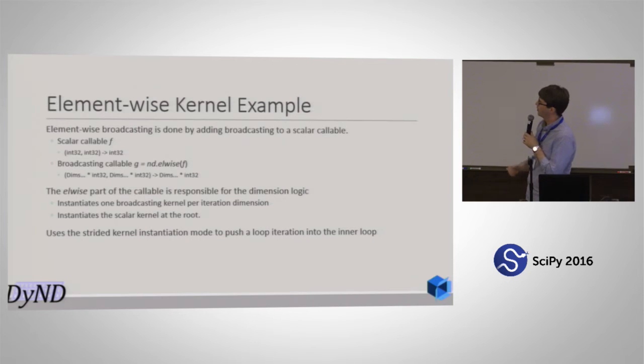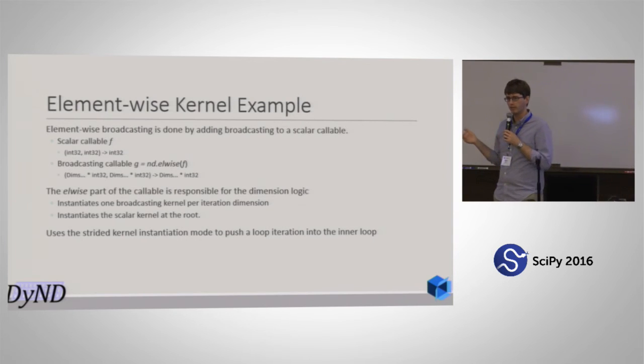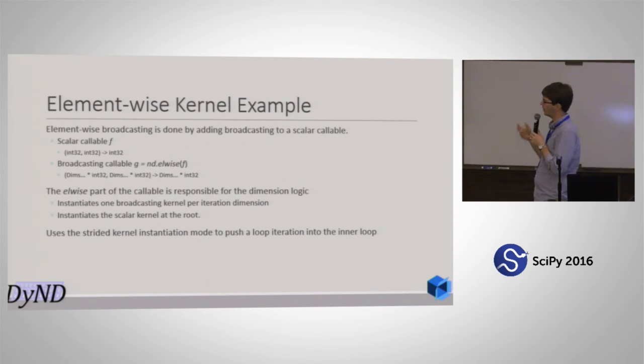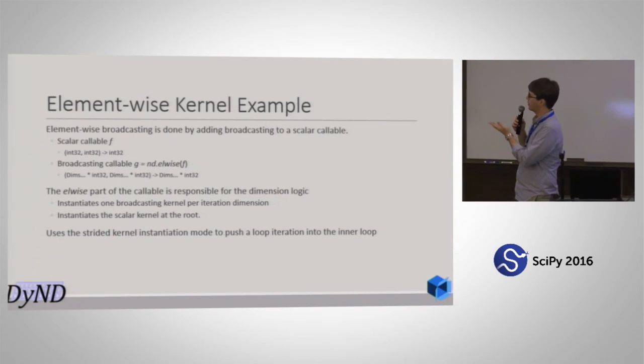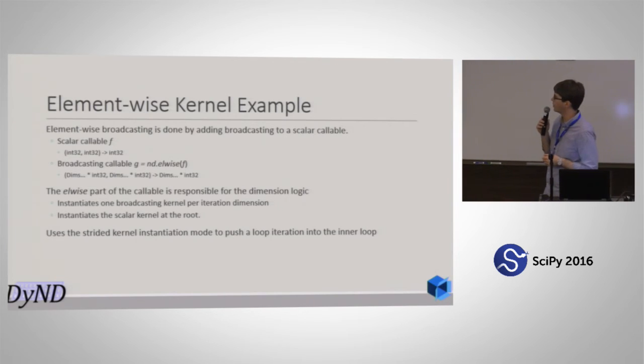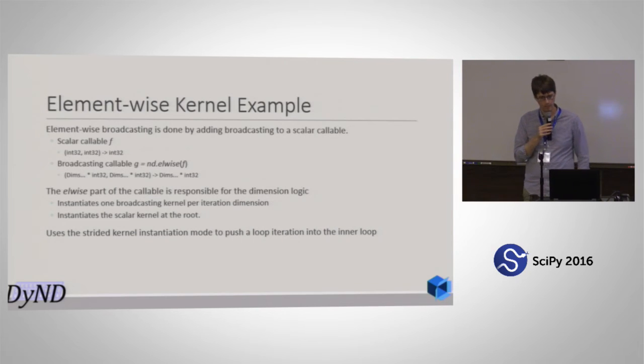So the element-wise broadcasting is one of the key pieces of how this machinery works. So I'll do a little bit of an example that goes into some more detail on it. We start with a scalar callable f, with a simple signature. We get a broadcasting callable where now we've added these dims broadcasting type variables onto everything.